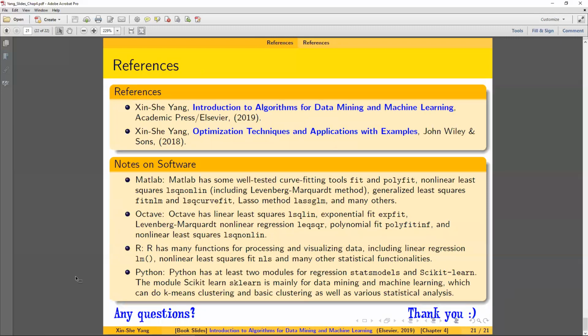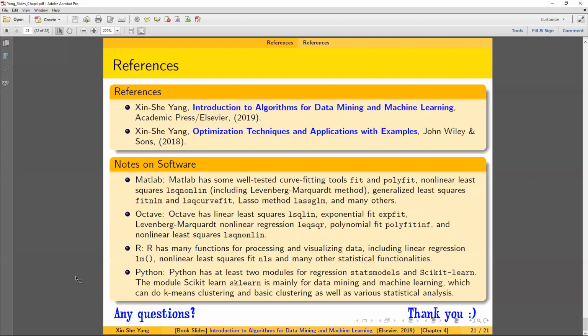These are the software packages and references that you should pay attention to. R has lm, the linear regression model, and Python has two modules for regression: statsmodels and scikit-learn. Both of them have linear regression models.